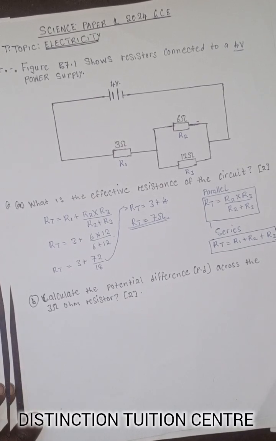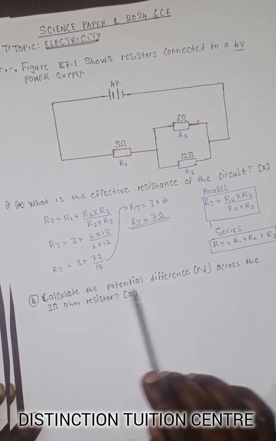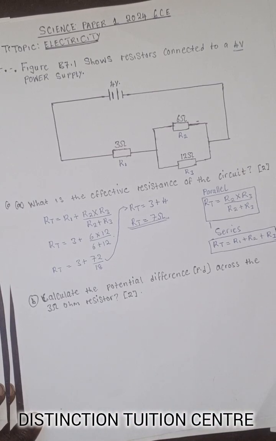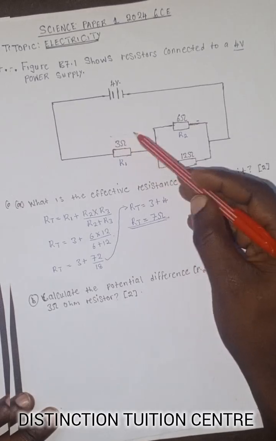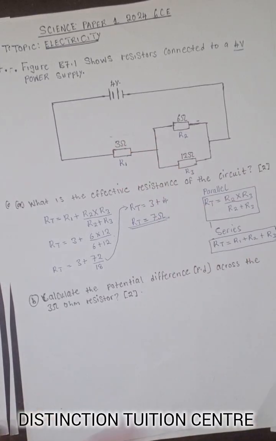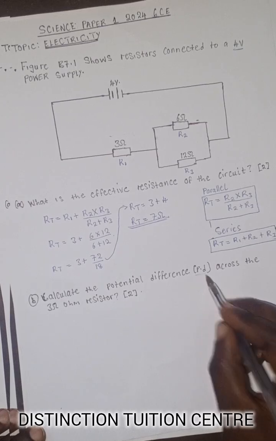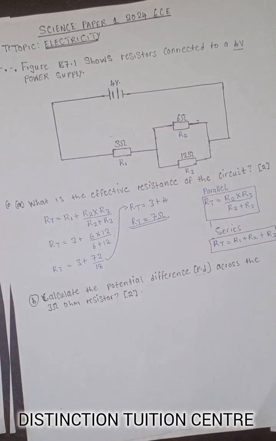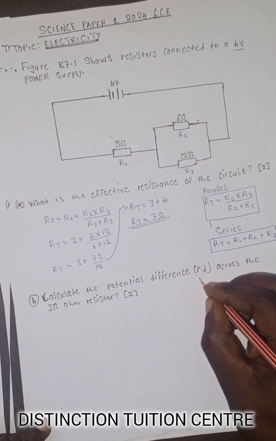Coming to the second question, they're saying calculate the potential difference across the 3 ohm resistor. Where is our 3 ohm? Our 3 ohm resistor is right here. We need to understand what the potential difference is. In layman's language, the potential difference is the voltage.